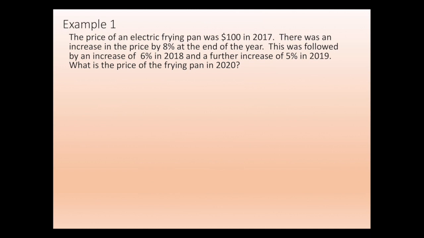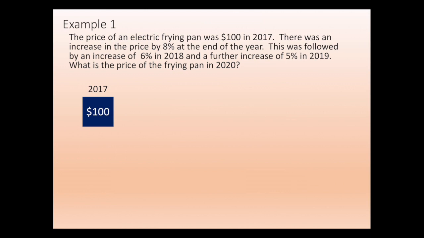Then there was an increase in the price by 8% at the end of the year, followed by an increase of 6% in 2018 and a further increase of 5% in 2019. So what is the price of the frying pan in 2020? From $100, it has increased 3 times. Let's have a look at how we work this out.